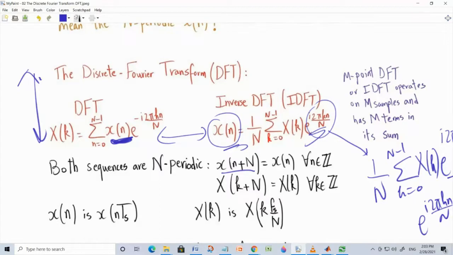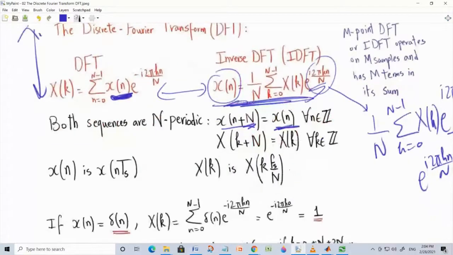It does not make any mathematical sense, because if you write down such an x of n, x of n plus big N is equal to x of n for every integer n, period. There is no way out. So this is very important, and it has consequences for the practical uses of the discrete Fourier transform, and we will talk about some of them.